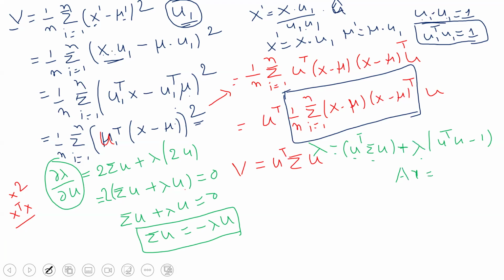Ax is equal to lambda x, where lambda is the eigenvalue, x is the eigenvector, and A is the matrix. That is how you find the eigenvectors, right? And how do you find the eigenvalues? Determinant of A minus lambda I equals 0, right? That's how you find the eigenvalues.